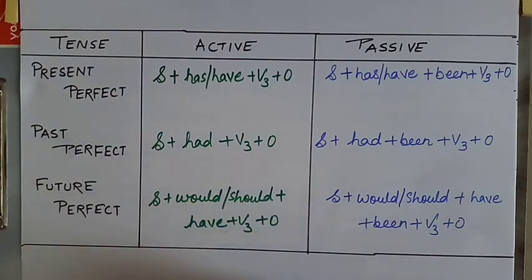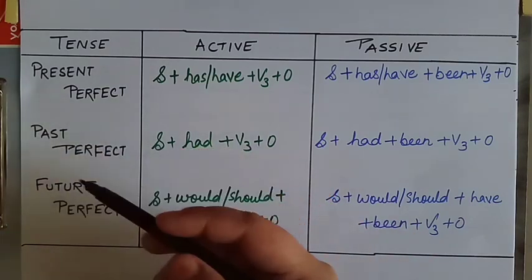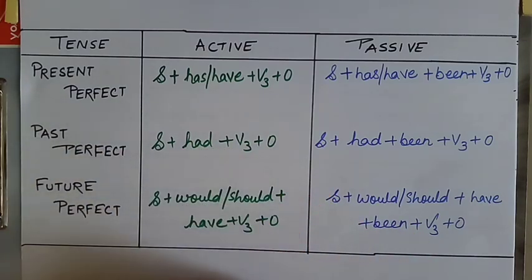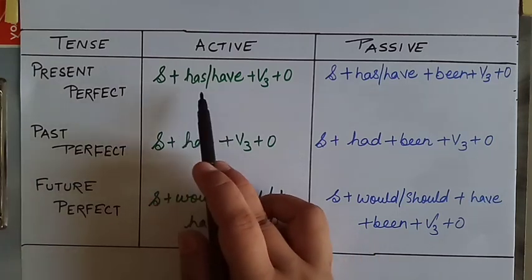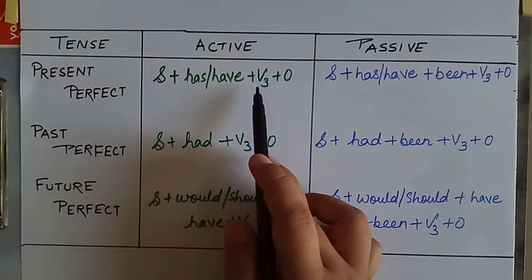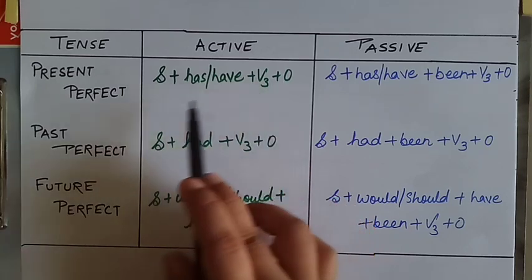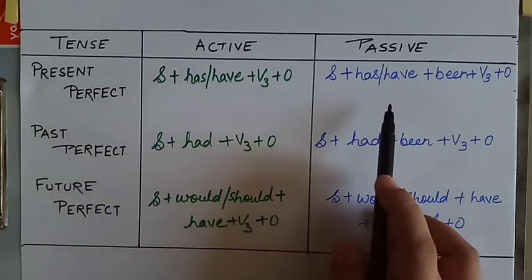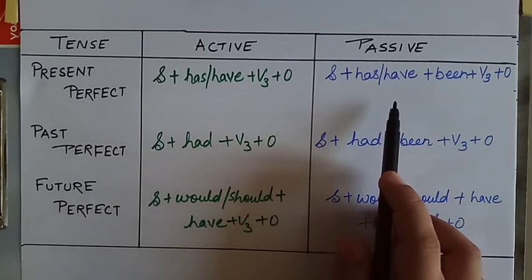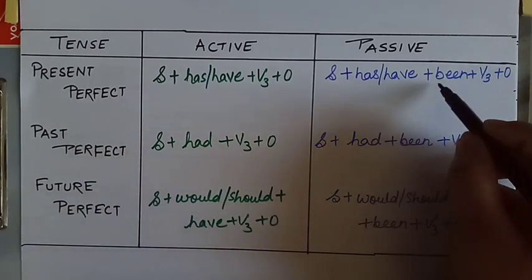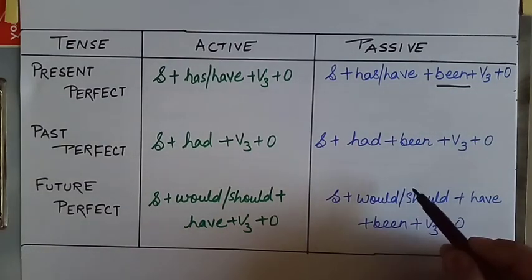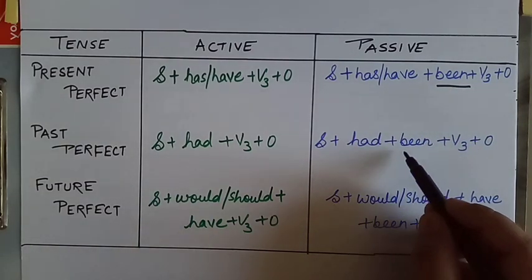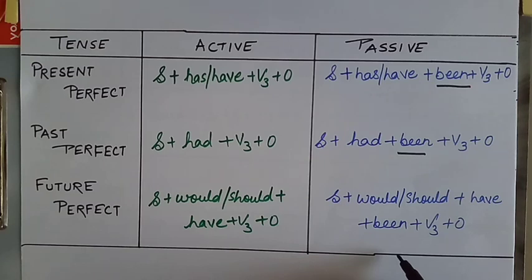It is about perfect tense. Present perfect, past perfect and future perfect. Subject plus has/have plus verb 3 plus object. This is the sentence formation of present perfect tense. When we convert such sentences into passive, the new word been will be added. There are no major changes.